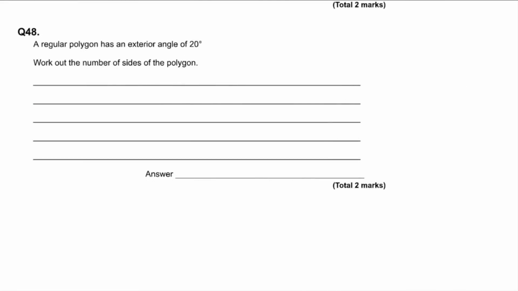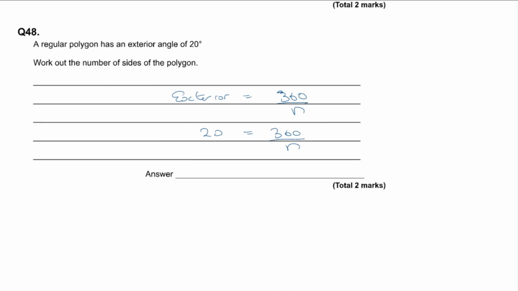Right, question 48. A regular polygon has an exterior angle of 20. Work out the number of sides of the polygon. Okay, well we've just been using this twice then. Exterior angle is equal to 360 divided by n. So if we're saying that the exterior angle is 20, then I've got 20 equals 360 divided by n.